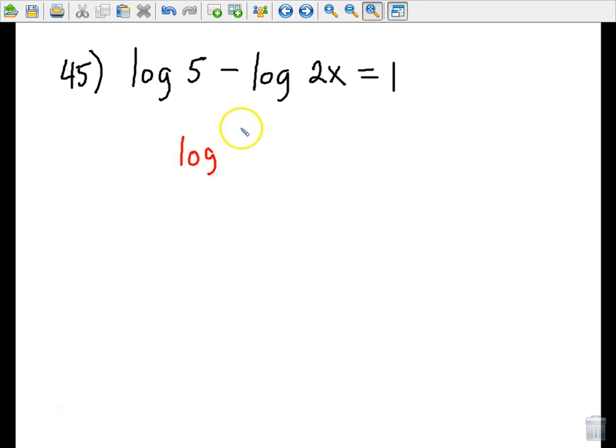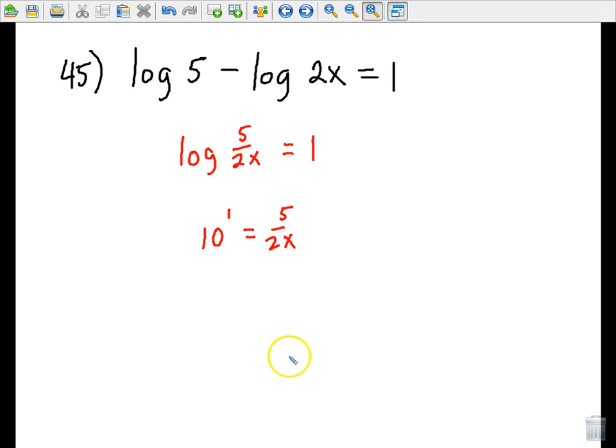Okay, sounds like she described the quotient property, which says 2 separate logs being subtracted, as long as they have the same base, can be put together as a single log using division. So now, Anna, we're ready to put this in exponential equation form. Nice.